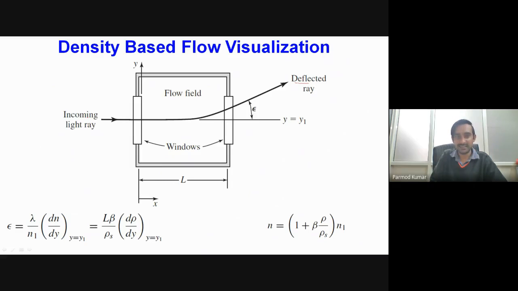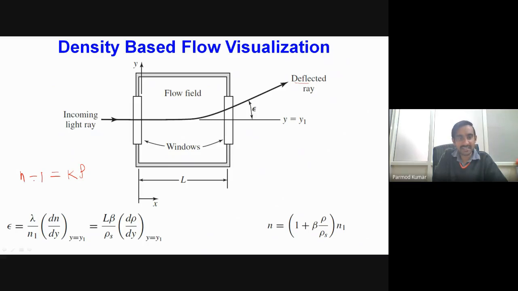Because this ray will only be deflecting if we have a change of gradient in the normal direction. Okay, so d eta dn by dy I have taken, and this I have taken corresponding to location y equal to y1. Now we already know from our equation that n minus 1 is nothing but equal to k times rho.